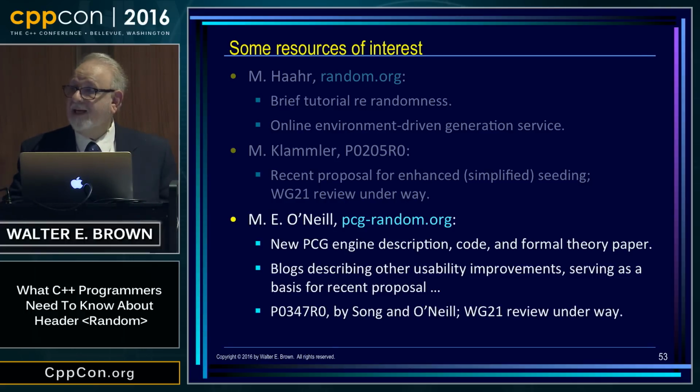She's a mathematician, statistician, seems to know her stuff really well. I've been in touch with all these people. The news is that there is a very good chance that in the reasonably near future, once we're done with C++17, we will start working on a new technical specification for an improved random facility for a future standard library.